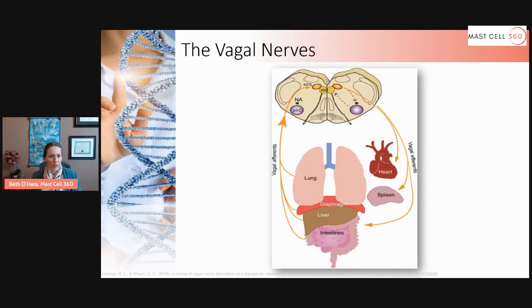So anytime I see motility issues, I see delayed stomach emptying, I see acid reflux, I'm wondering about how the vagal nerve is doing. And even things like your thyroid are connected to the vagal nerve. Your trachea for breathing, and think about throat closing. Your esophagus when you're eating, and if you're getting throat closing there, the vagal nerve's involved with all of that, not just the intestines, but also the stomach and the esophagus.